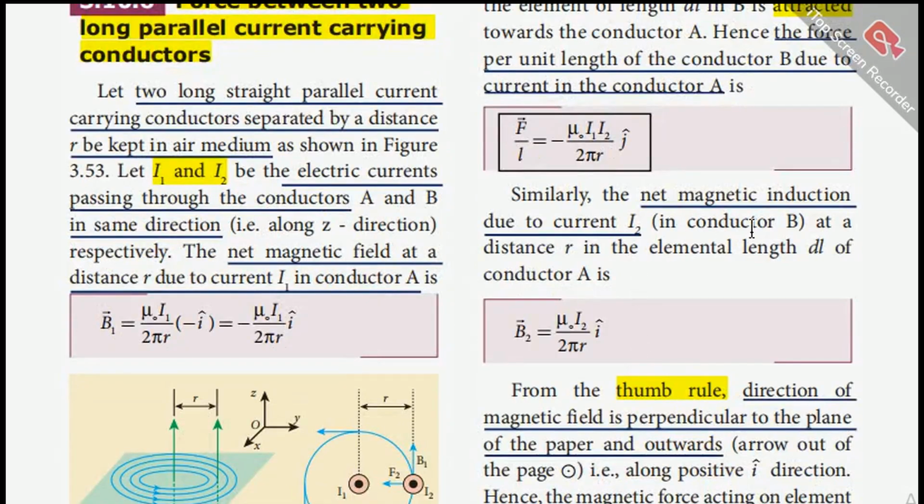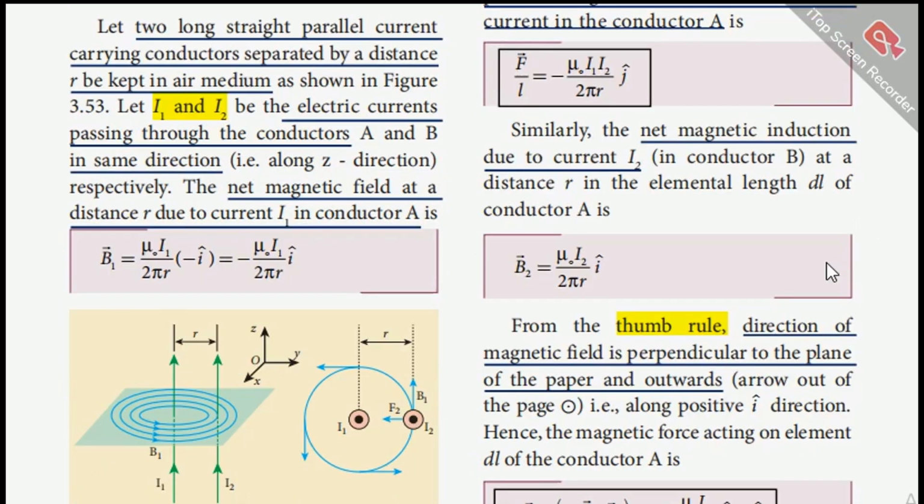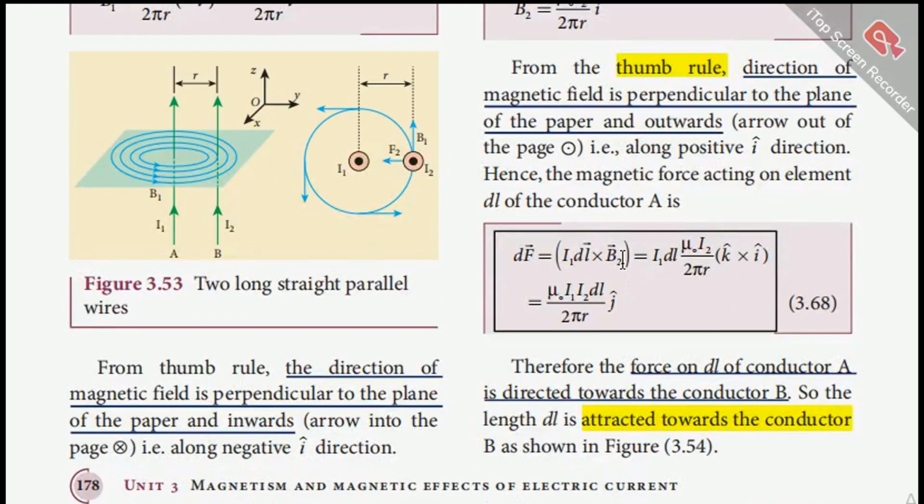Similarly, the magnetic induction due to the current I2 in conductor B at a distance r, at the elemental length dl of conductor A, is given by B2 equal to mu naught I2 by 2 pi r into i unit vector. From the thumb rule, the direction of the magnetic field is perpendicular to the plane of the paper and outwards, that is along the positive i direction. Hence, the magnetic force acting on element dl of conductor A is given by dF equal to mu naught I1 I2 dl by 2 pi r.